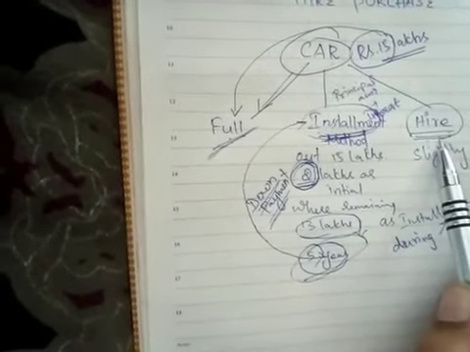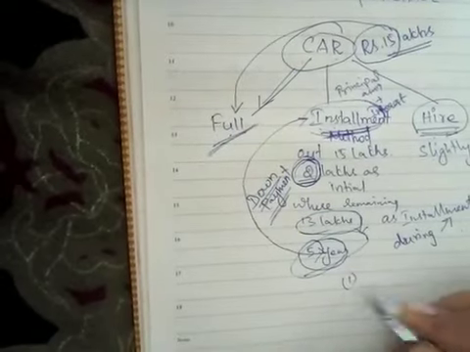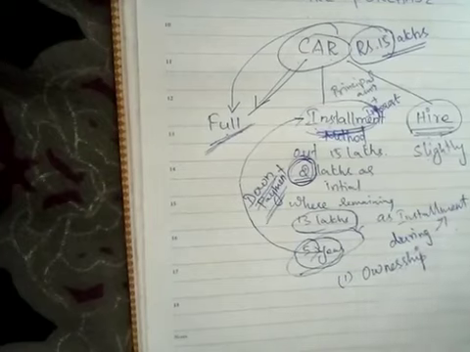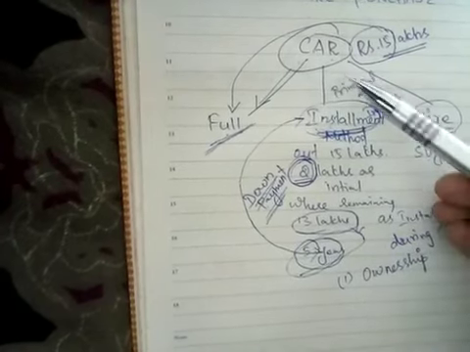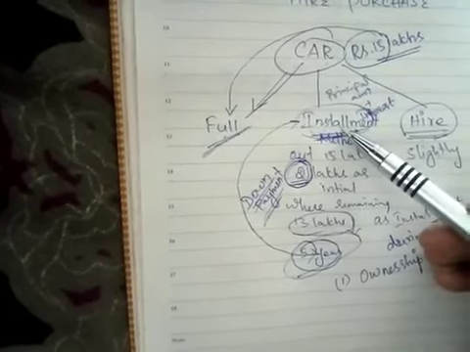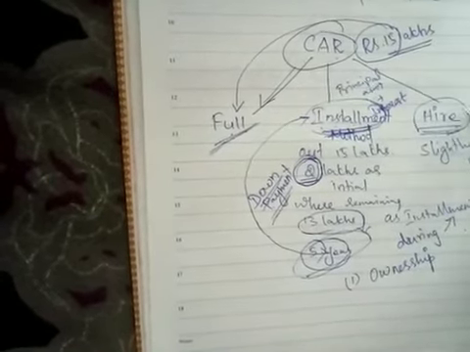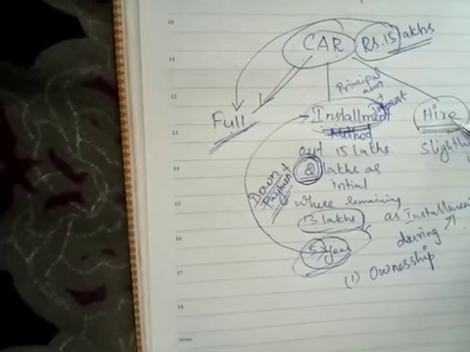The first difference is that ownership is transferred immediately to the buyer in the case of the installment system. The ownership is not transferred immediately in the case of the hire purchase system.